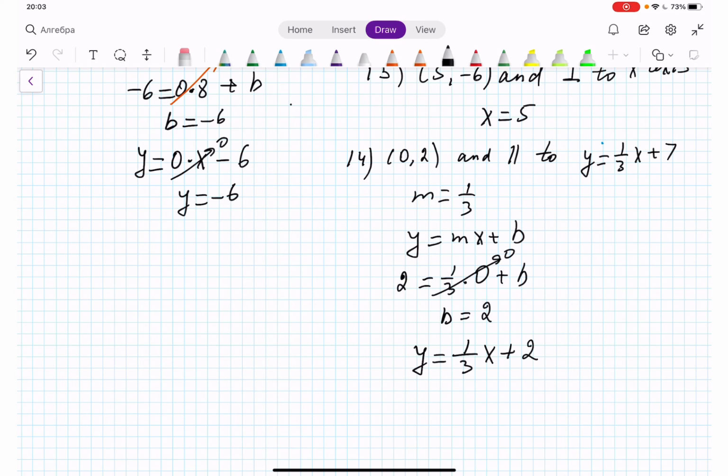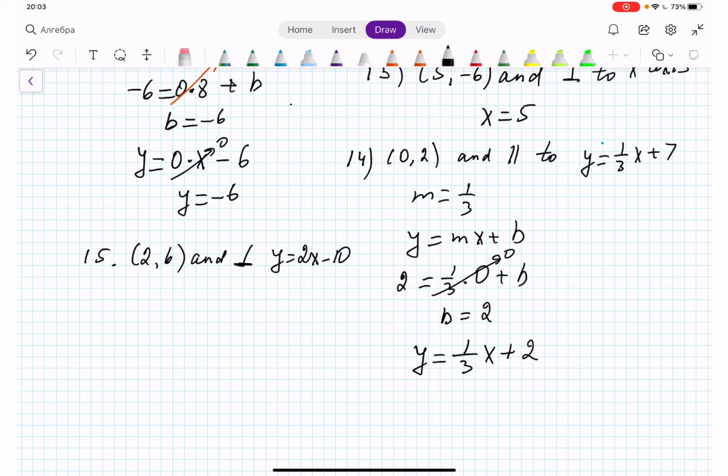And the last question. Number 15. So the equation of the line that passes through the point (2, 6) and is perpendicular to y is equal 2x minus 10.